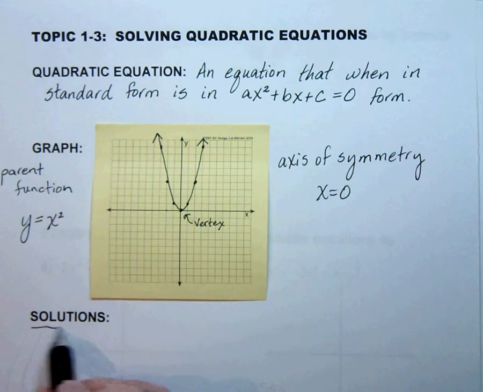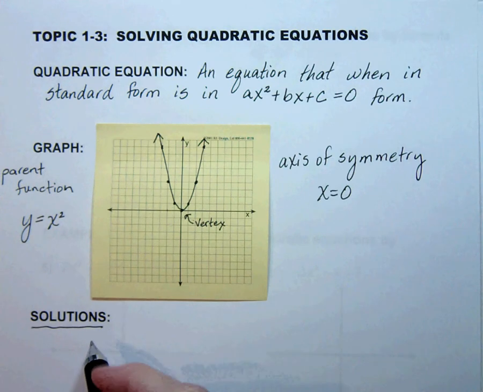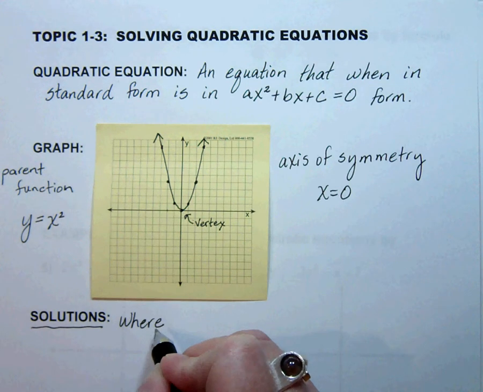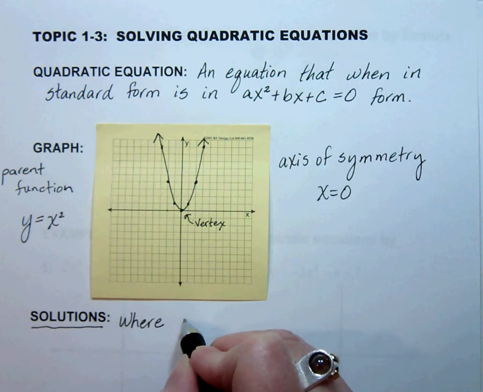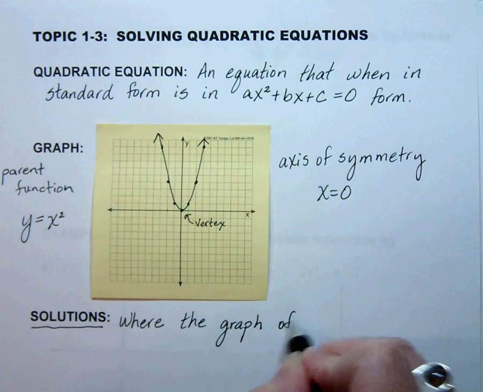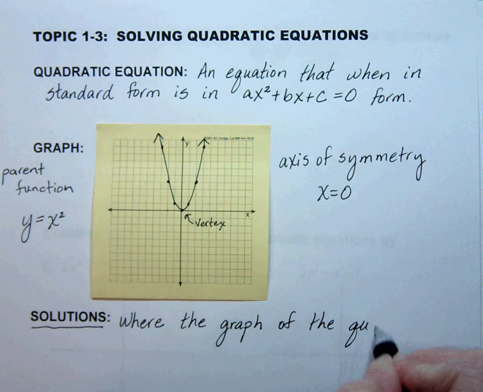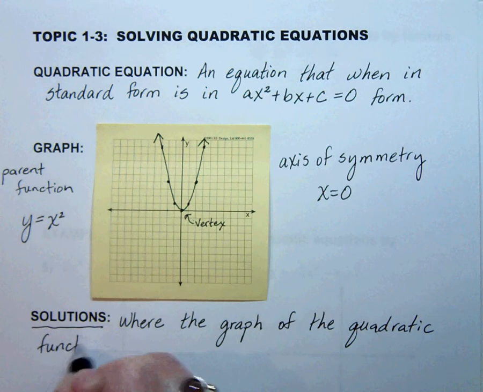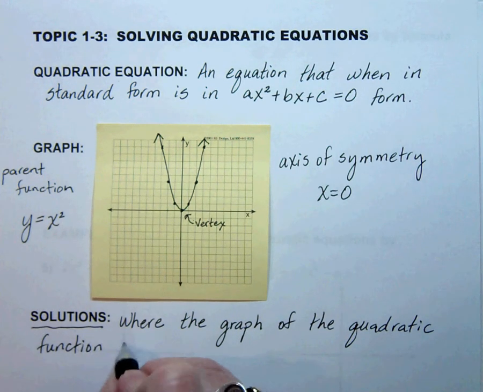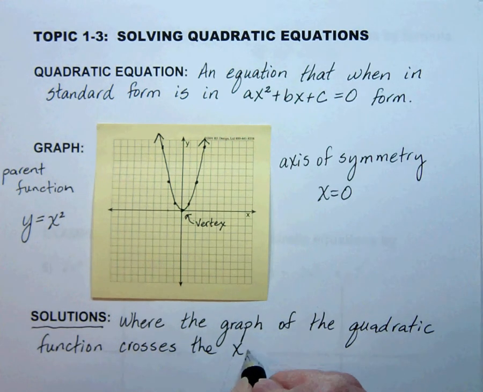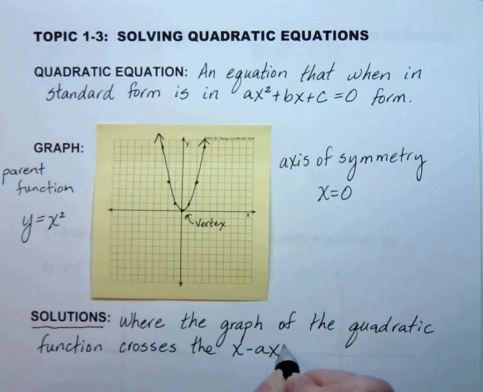Now this is kind of an important word, the solutions of a function. Let's write what that would be. That is where the graph of the quadratic function crosses the x-axis. And sometimes they have different names for these.